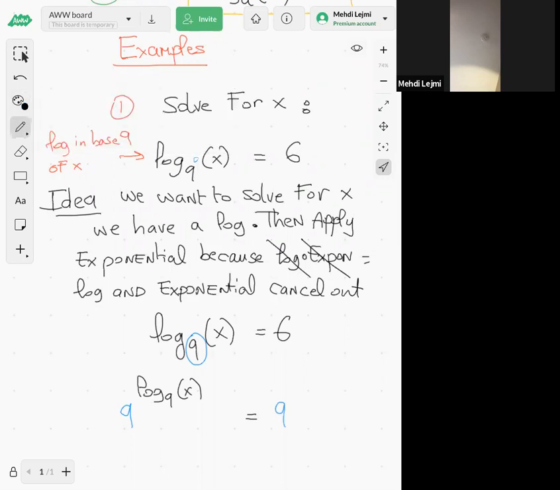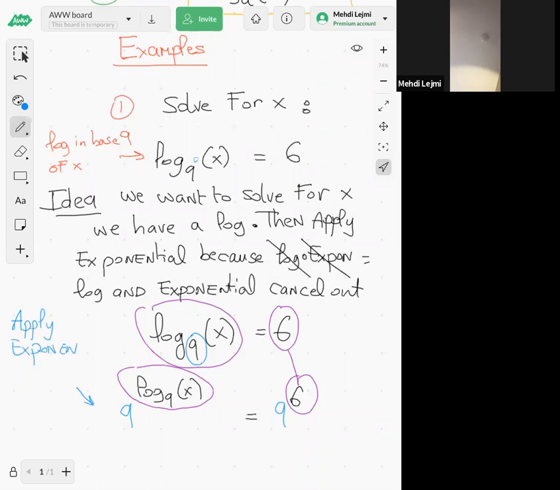So you see, guys, I applied the exponential in base 9 to both sides.